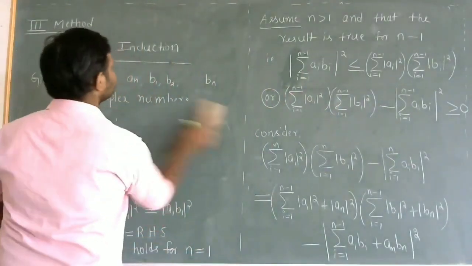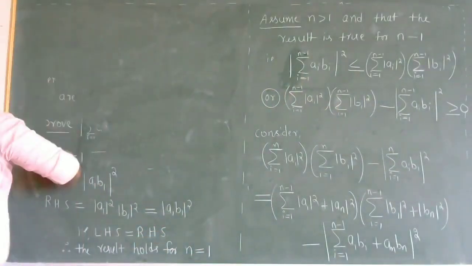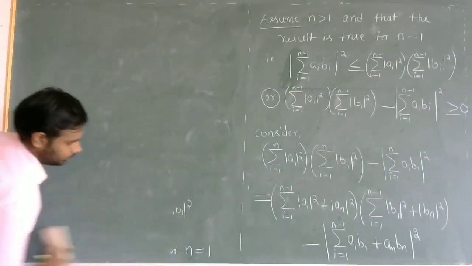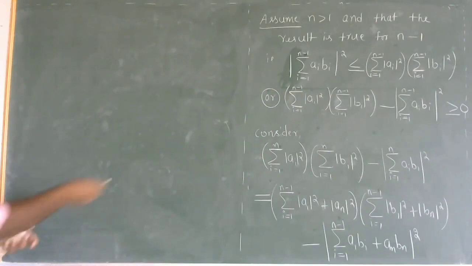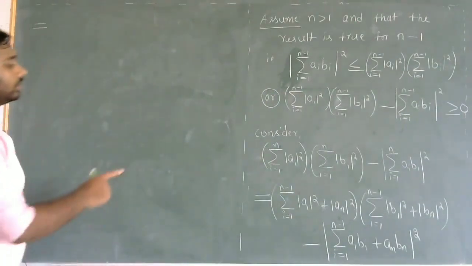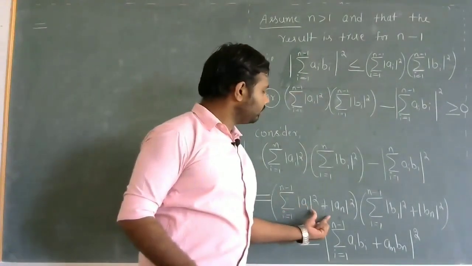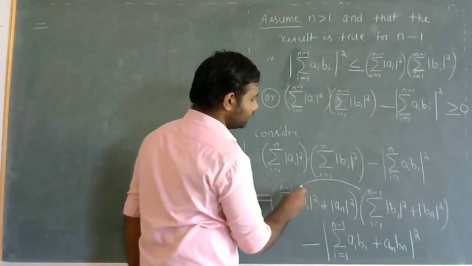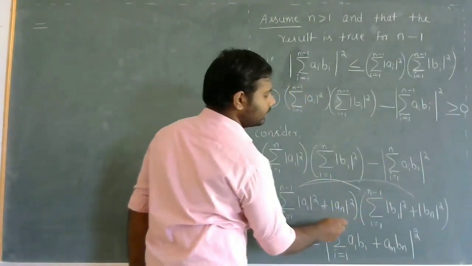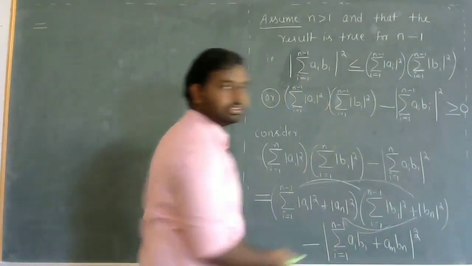Now simplify this. This step is equal to, here we have product of these two terms, we shall multiply. This number into this, then this number into this, then this into this number, this into this number.